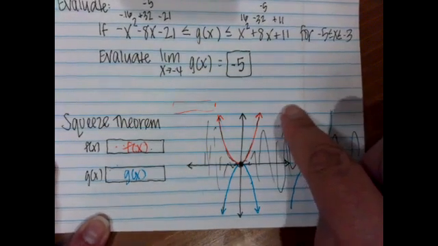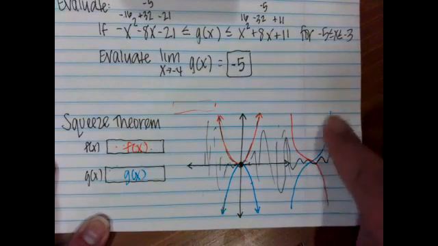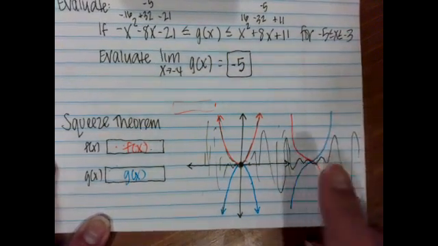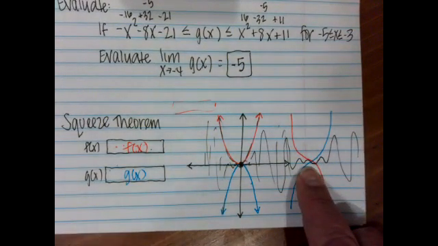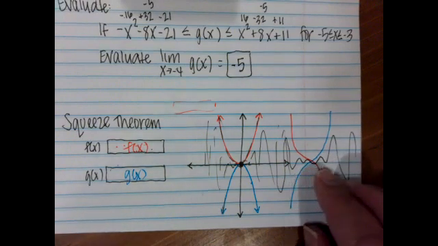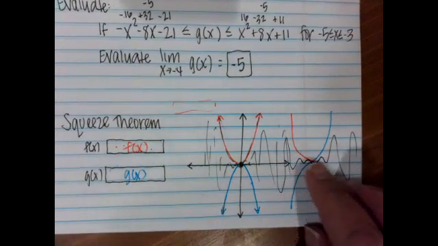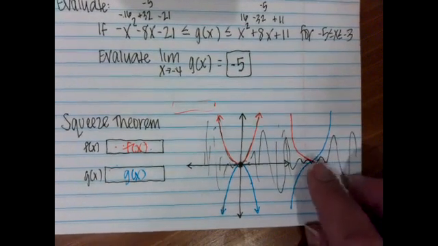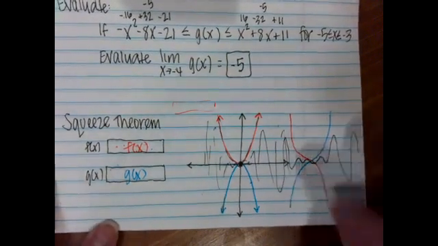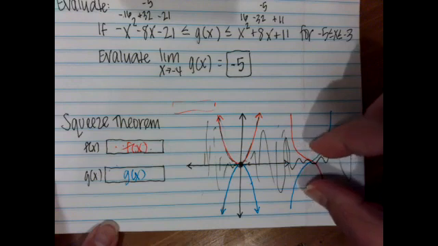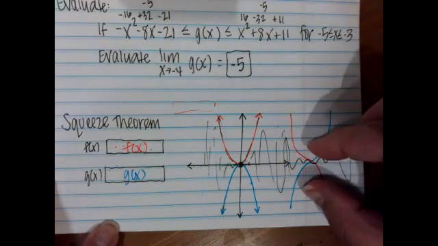Well, here, this one's high, but then it's low, and this one's high, but then it's low. So on this one, I would say no, the squeeze theorem doesn't apply because f of x isn't always smaller than g of x or whatever. And then sometimes there's a gap and they don't meet up. And so then the limit just doesn't exist.